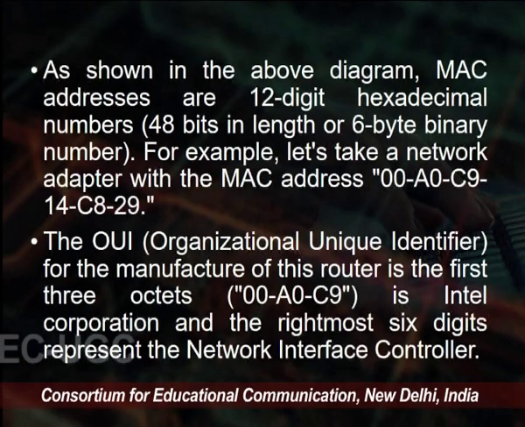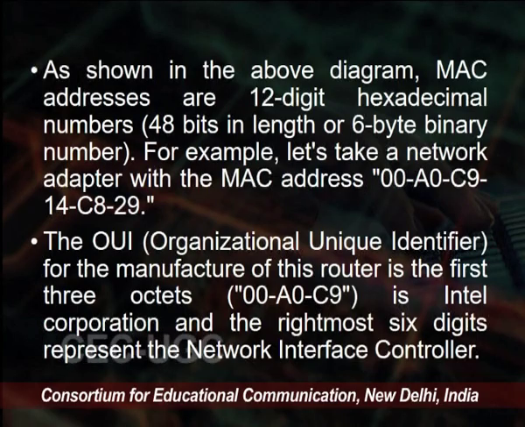Here the OUI, the organizationally unique identifier of the manufacturer, is the first 3 octets, which are 00, A0, C9, and this represents Intel Corporation, and the rightmost 6 digits represent the network interface controller. As I have told you, the first 3 octets are fixed for the manufacturer.